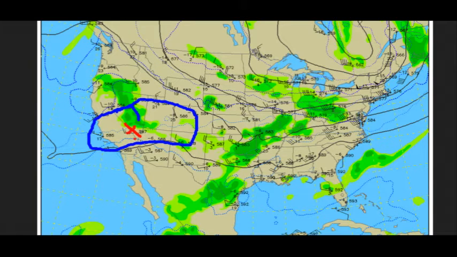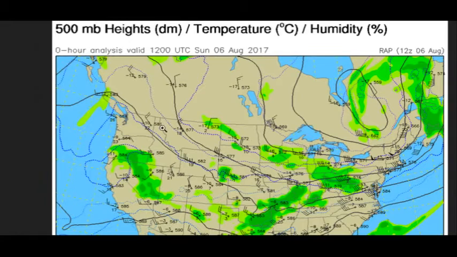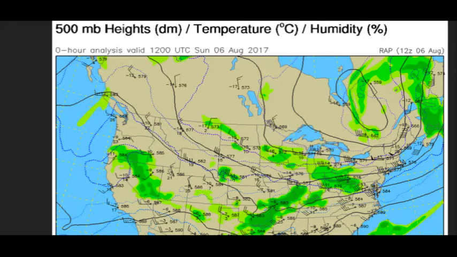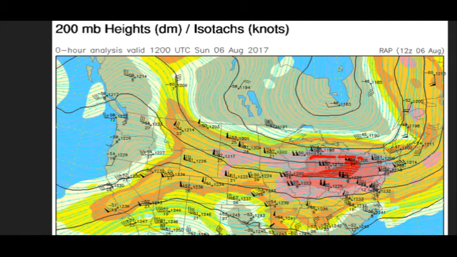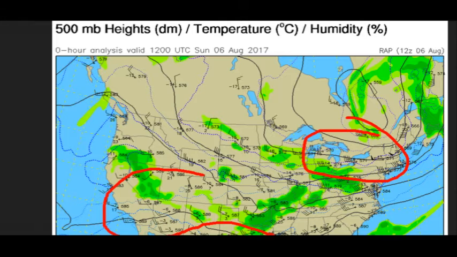We only have 15 knots at 500 millibars, which is 18,000 feet. In fact, let me show you the top right there. Okay, so you see at 200 millibars a good strong 60 to 70 knot jet, and then that goes away at 500 millibars. But it looks much different in the Great Lakes: 100 knots, and then at 500 millibars we still retain 40 knots of flow right there, and even 50 in Vermont and upstate New York. So this is a polar front jet, and this is a subtropical jet.